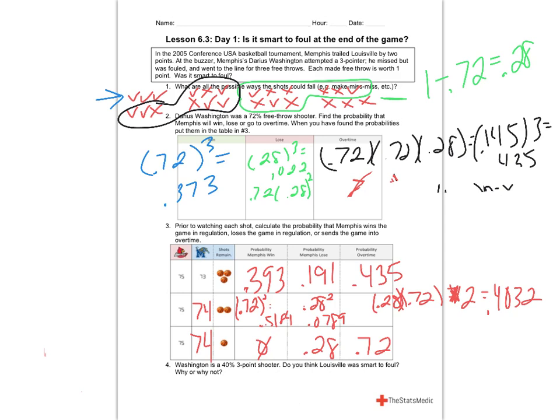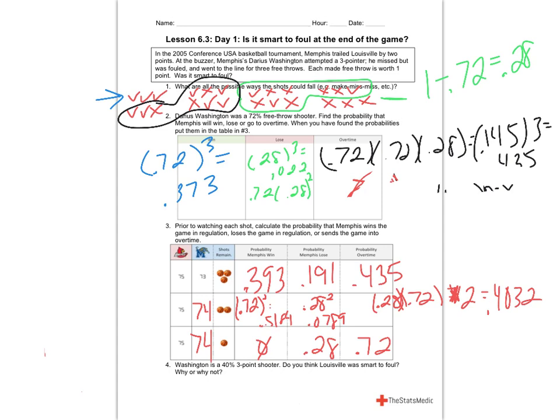Okay, so Washington is a 40% three-point shooter. Do you think Louisville was smart to foul? Well, what ended up happening was he ended up missing that last shot, and Memphis ended up losing. So if Washington is a 40% three-point shooter, do you think Louisville was smart to foul?